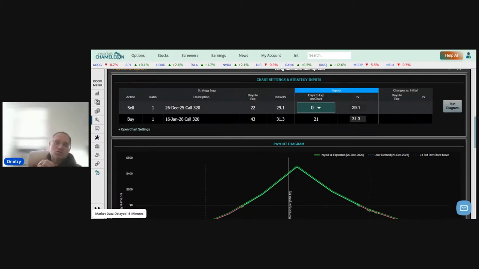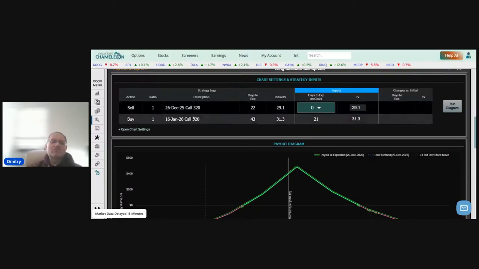That means you collected the premium, it decayed to 0, so you kept that, and you still have this other option that goes out further. Yes, there's going to be a loss in time premium in that, but if the stock is right at 320, that means this longer term option will be at the money, right?